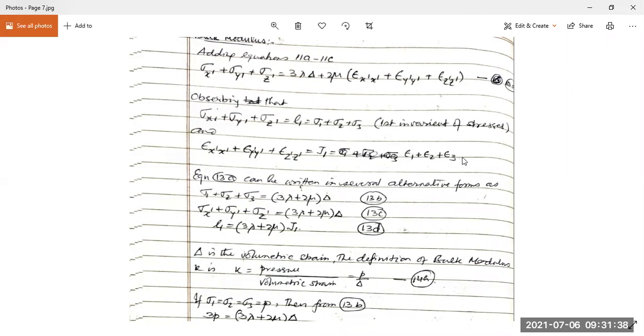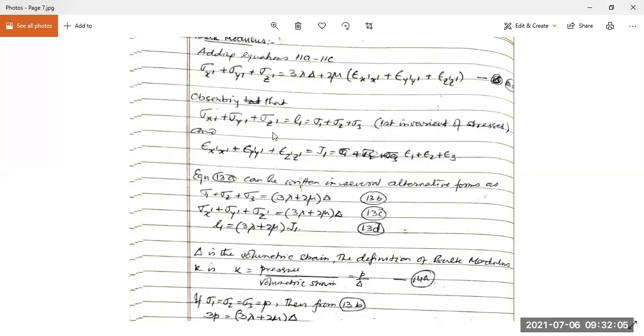Now, this particular equation we can write down like this. Sigma 1 plus sigma 2 plus sigma 3 is equal to 3 into lambda plus 2 into mu into delta, which is equal to J1 as well as the cubical dilation, which is called capital delta itself.